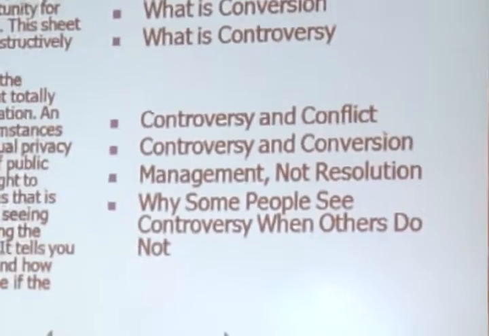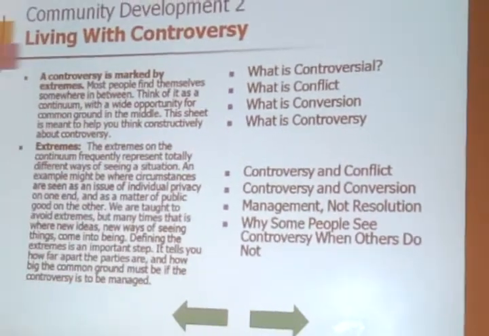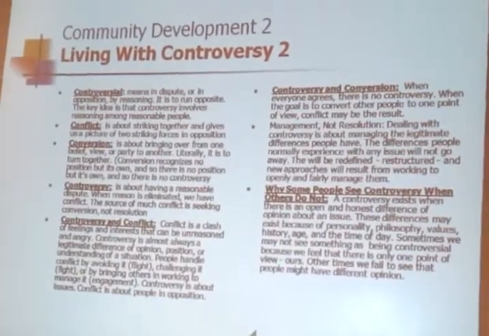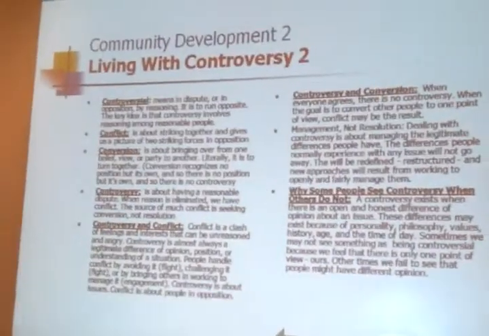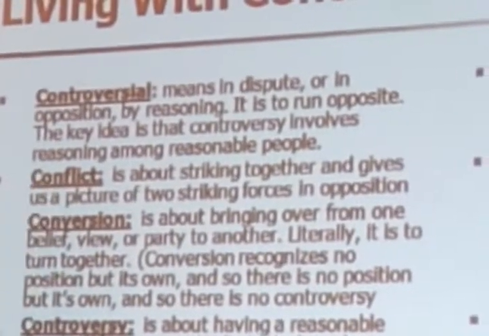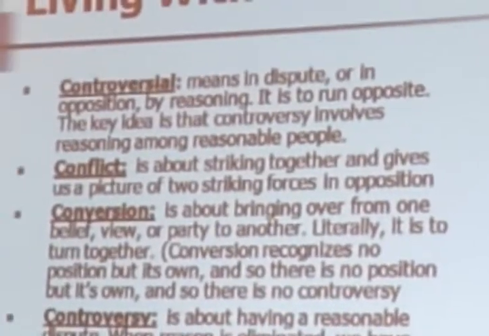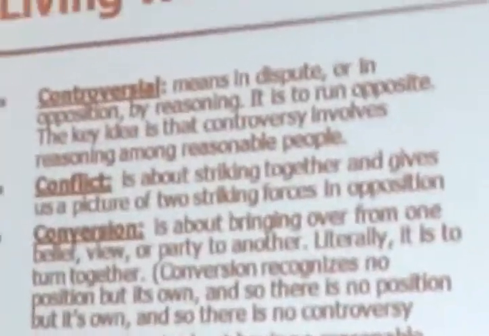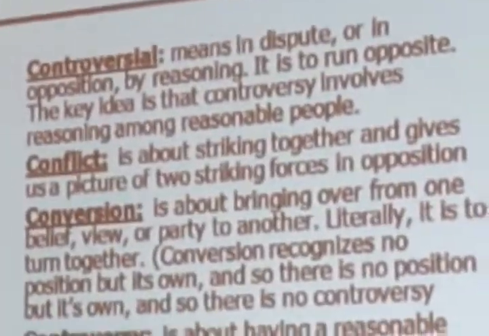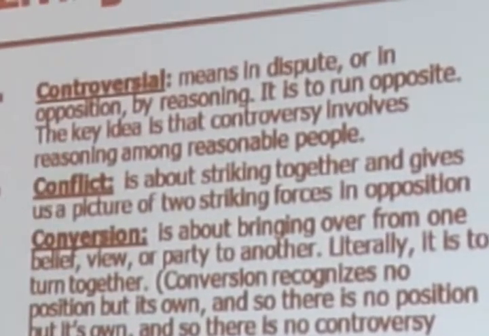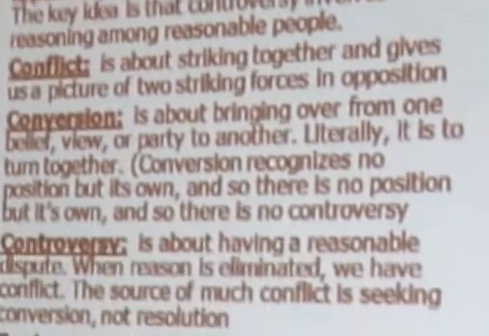Something to think about that many times we overlook, but it's very important when you're dealing with community development to understand these concepts. First of all, controversial. Controversial means in dispute or in opposition by reasoning. It is to run opposite. The key idea is that controversy involves reasoning among reasonable people. Conflict.